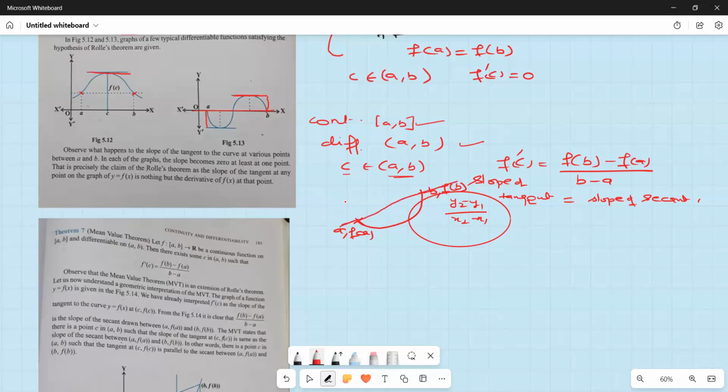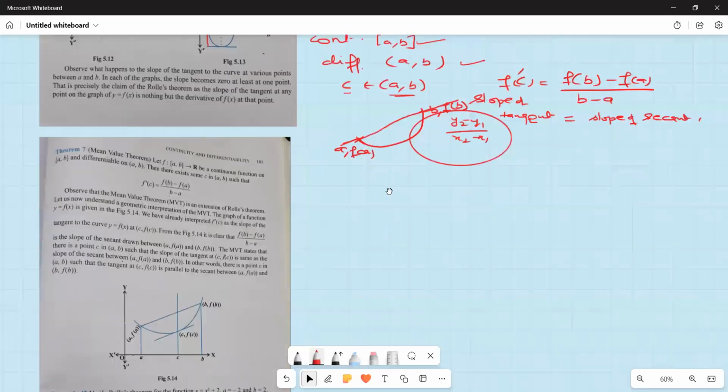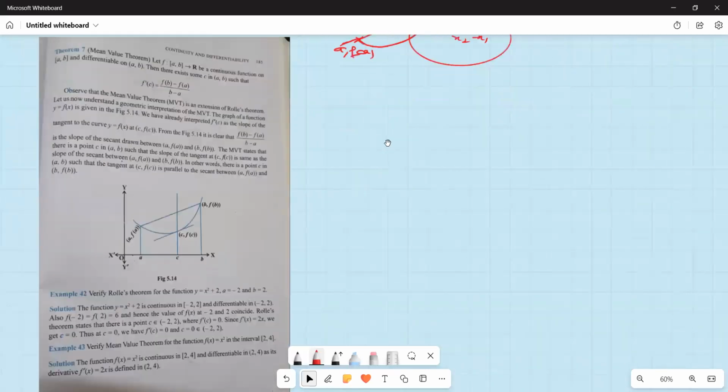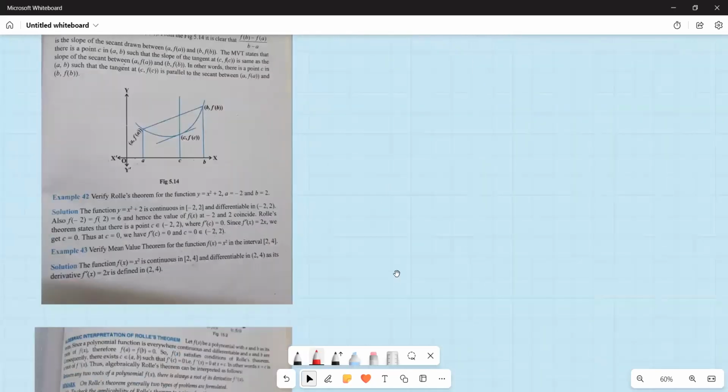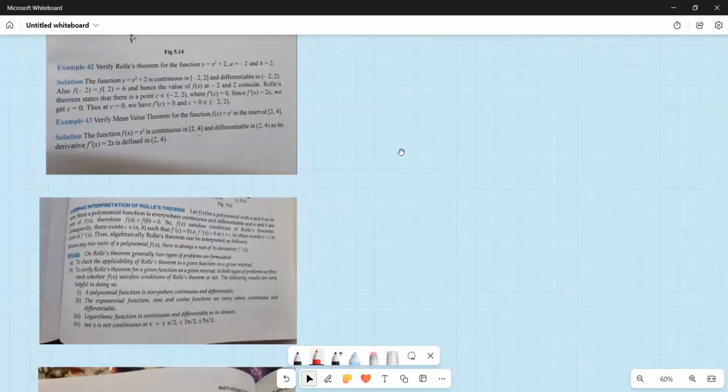Okay, so now we will check the applicability of Rolle's theorem and Lagrange's theorem in the questions. Before you start the questions, remember every polynomial function is continuous.